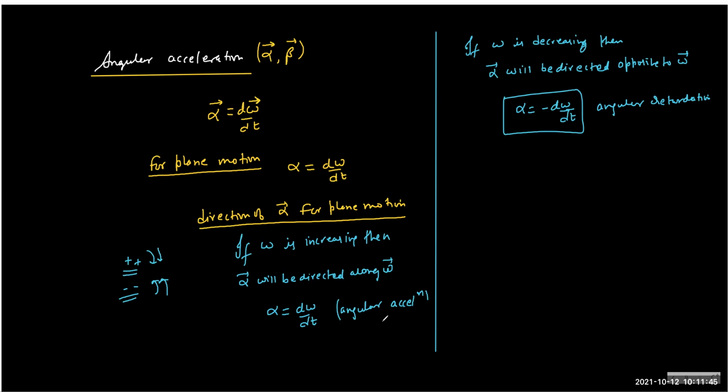So alpha we take as d omega by dt, and we write it as a positive value if it is increasing. If it is decreasing, we write the minus value. So for plane motion, alpha is written this way. There are only two ways of writing. And this is the instantaneous acceleration.